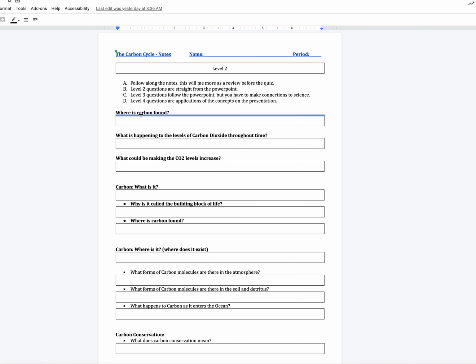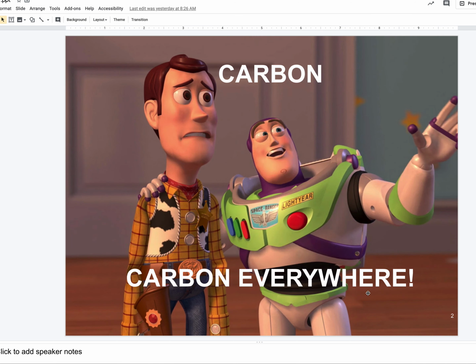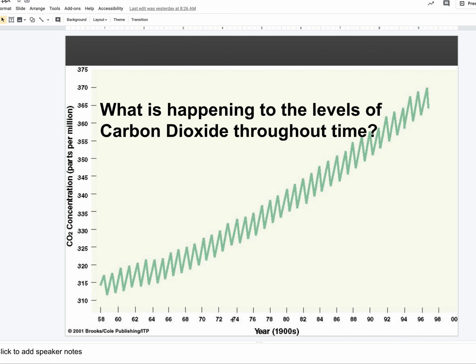So you can see where's carbon found, and you have the slide right there. What is happening to the levels of carbon dioxide throughout time? So you look at this next graph. This is how you read a graph. You read the title. It says what is happening to the levels of carbon dioxide throughout time. Then you come almost like clockwise, like you're reading a clock, and you see these numbers right here: 58, 60, 62, 64.